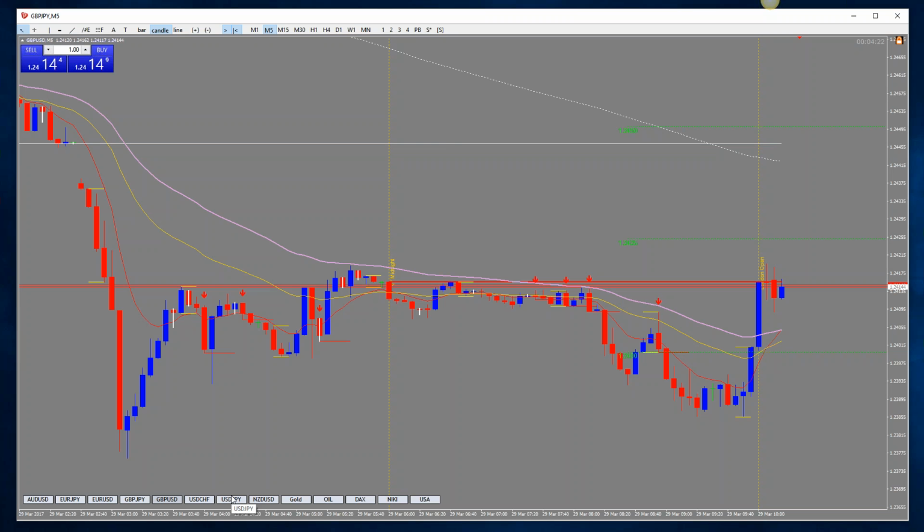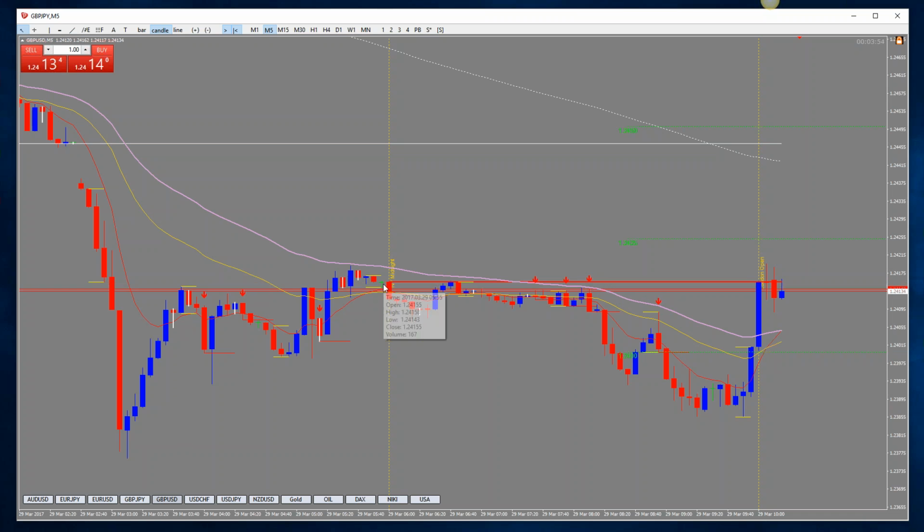So I have a bit of an advantage where I'm looking at everything from a daily right down to a 5-minute, just to see if there's any major support or resistance levels that are going to either inhibit me or help me in my trading decision. So that's the signal trade that I get.